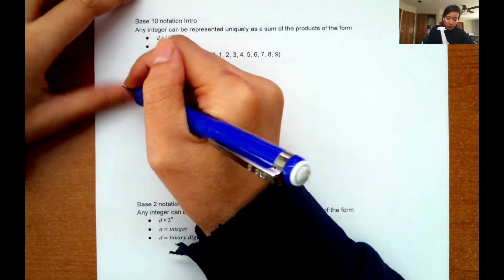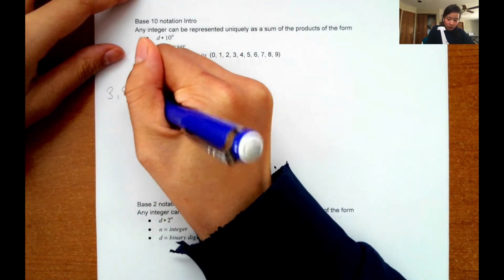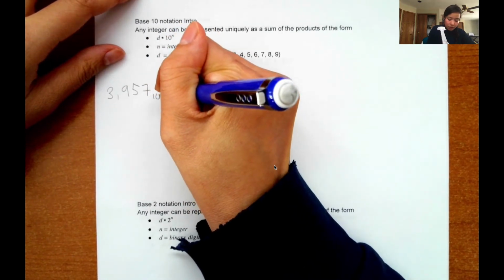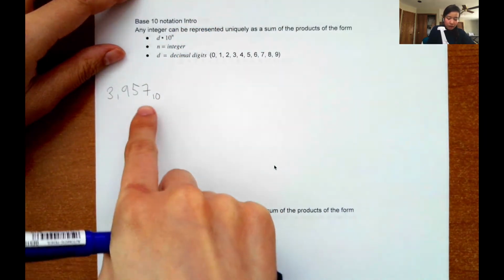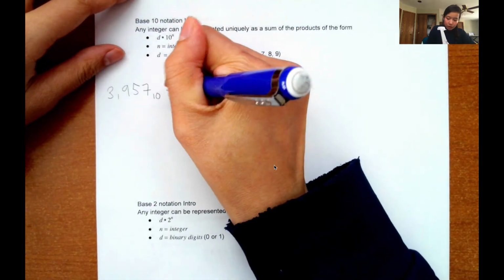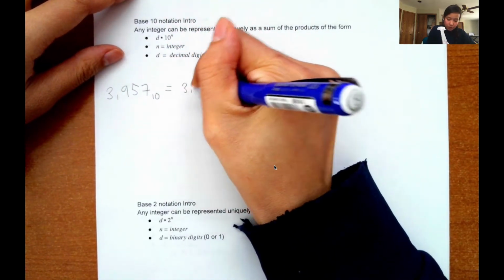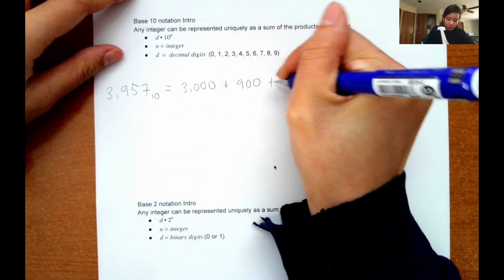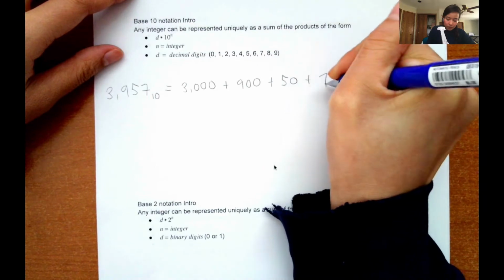And so let's give the example of 3,957. I'm going to put a subscript 10 just to indicate that this number is in base 10. Now this number is equal to 3,000 plus 900 plus 50 plus 7.